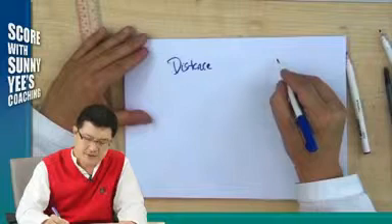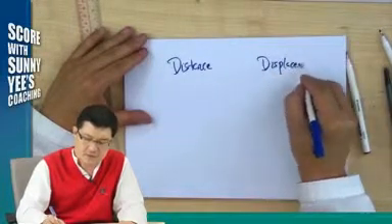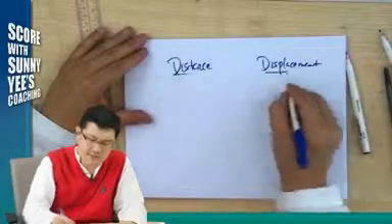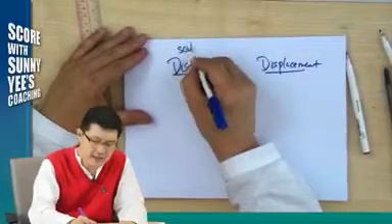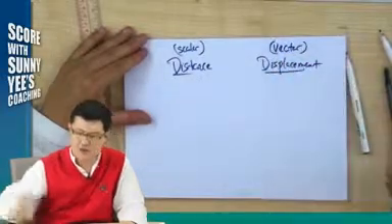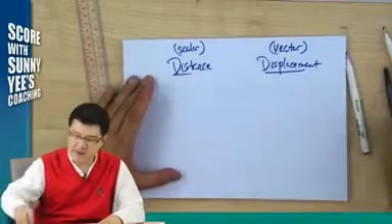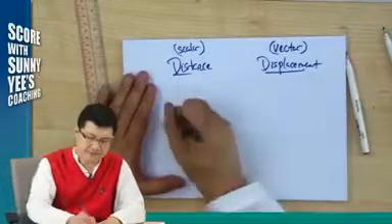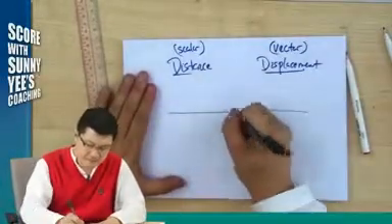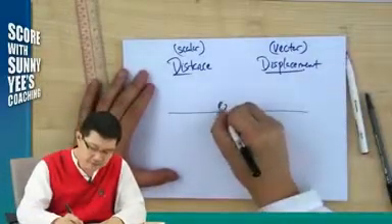Now, what is the difference between distance and displacement? Also the same. One is a scalar quantity, another one is a vector quantity. So for distance and displacement, if I have one position, this is O. The object starts to move from here.